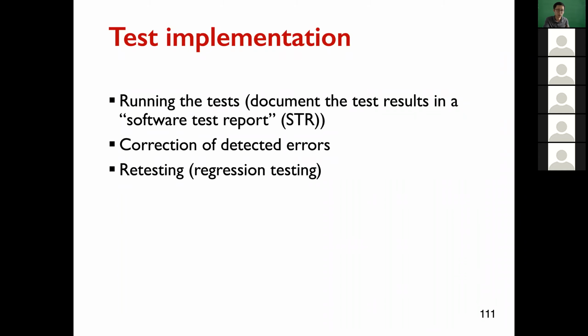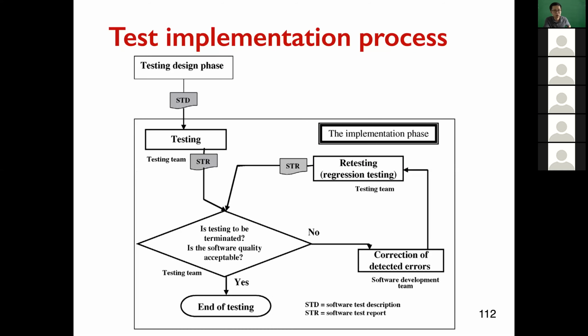After we fix the errors, we want to retest, which we call regression testing. Let's look at the detailed process of test implementation. From the test design phase, we have the STD, software test description, right? From the STD file, we have the test cases. Then we run the testing based on the STD file.